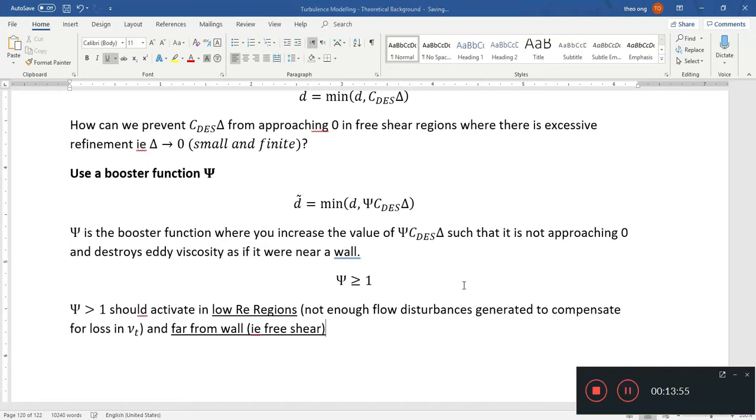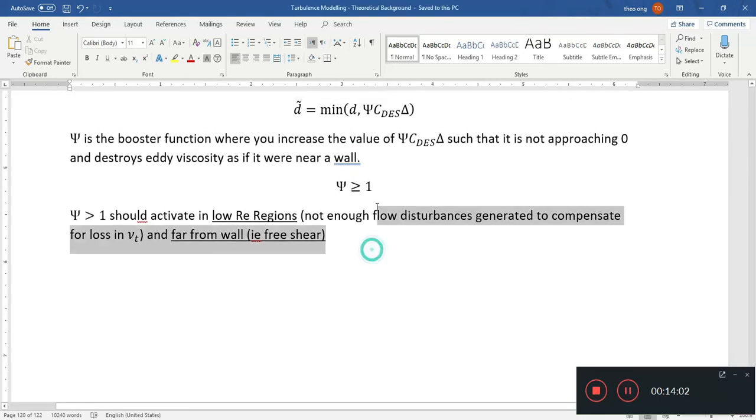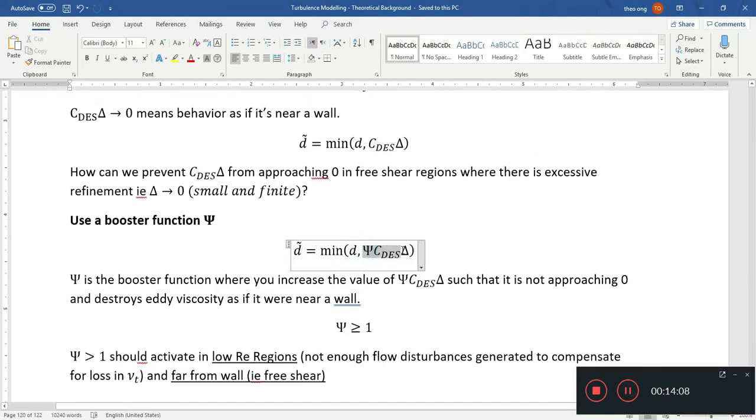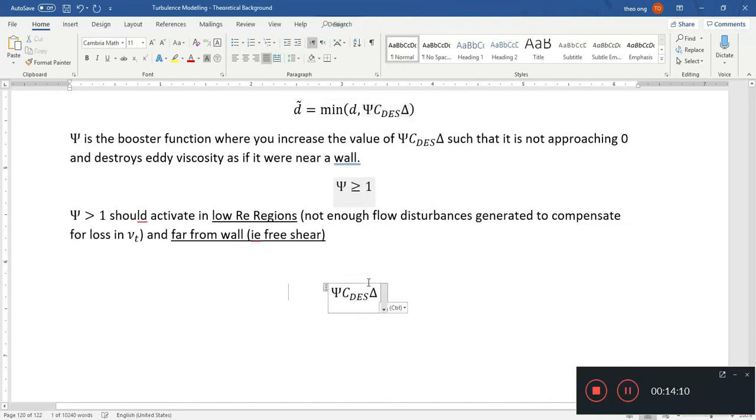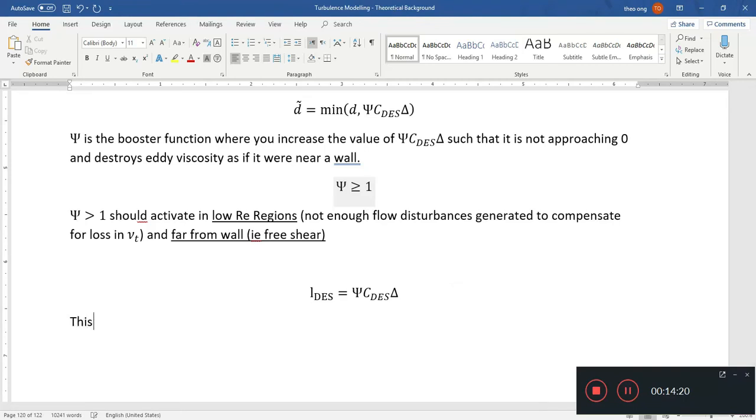It should be active only in the free shear region. So this is what this booster function does. Your new LES length scale will be as such, and this is known as the low Reynolds number correction.